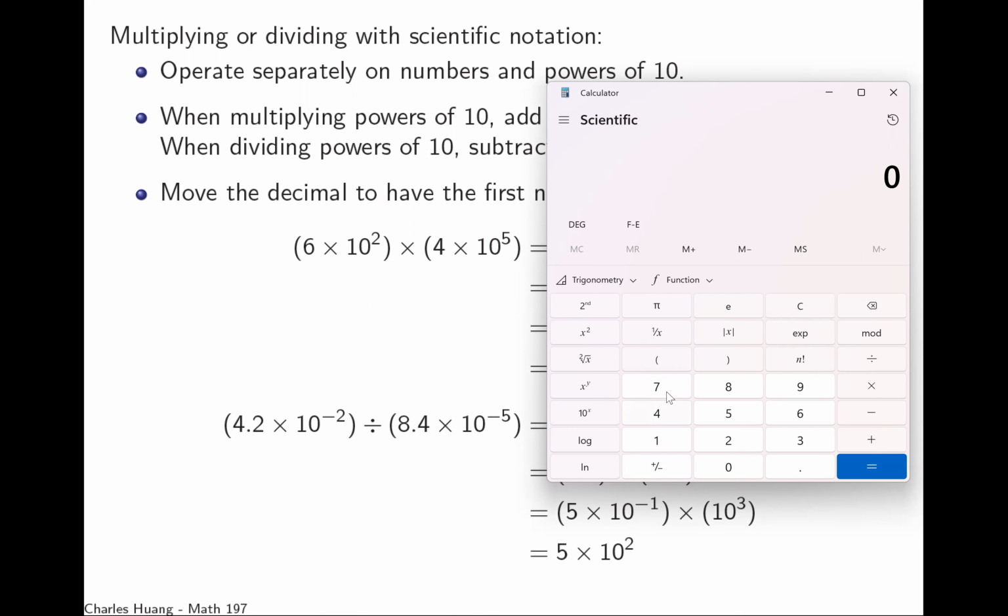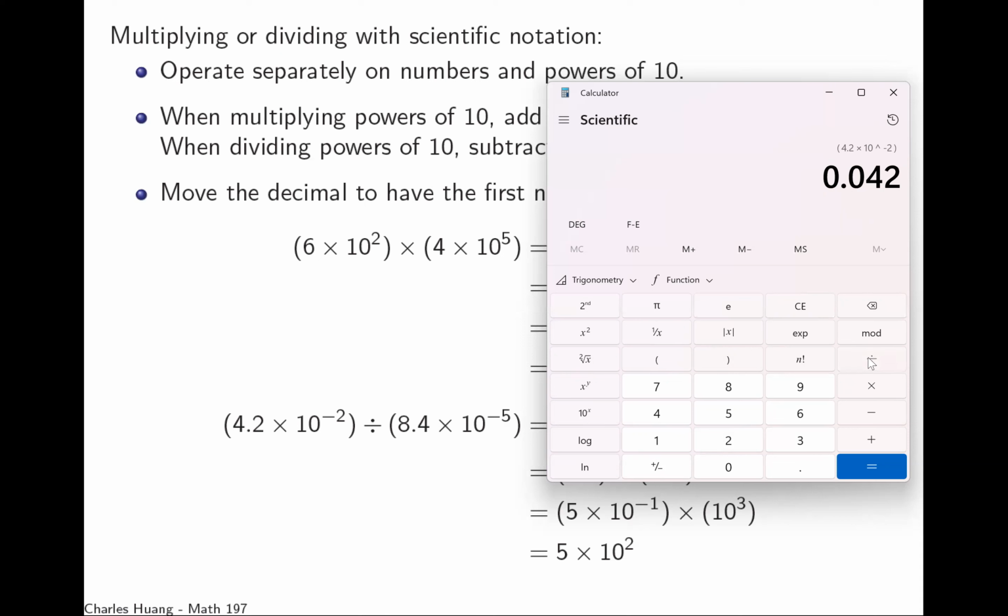So if you want to type 4.2 times 10 to the power, the power button is over here, negative 2, then you need to keep the number in a bracket in order for you to get the right result.